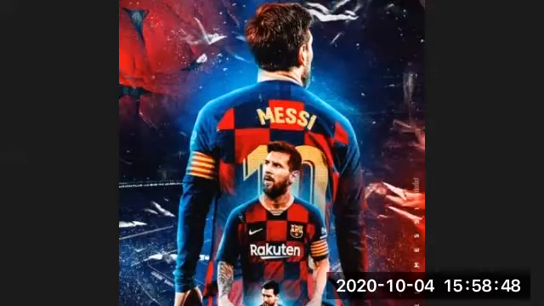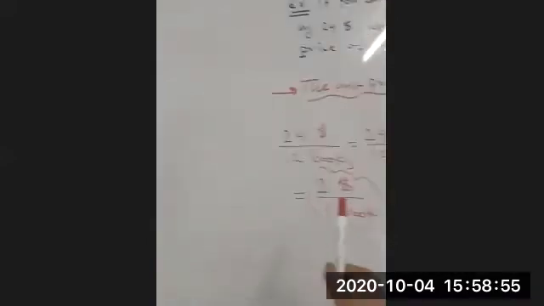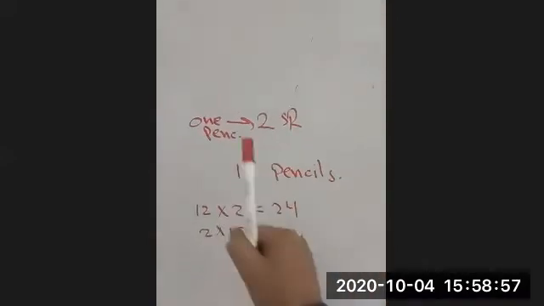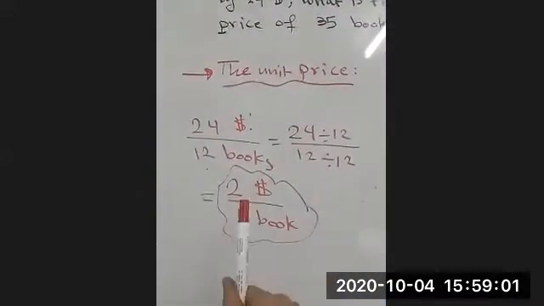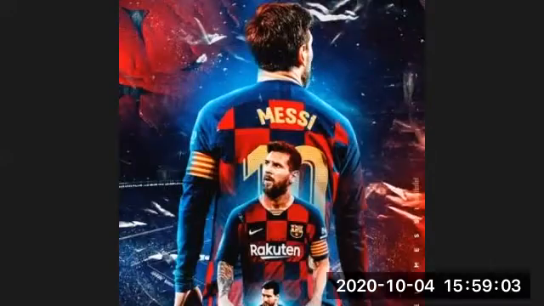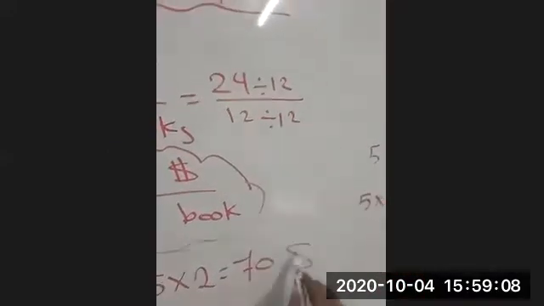Can you tell me how we know the price of 35 books in this example? Yeah, 2 multiplied by 35. 35 books, each book $2, like 12 pencils, each pencil 2 riyals. So it's the same here. 35 multiplied by 2, so the price of 35 books equals $70.